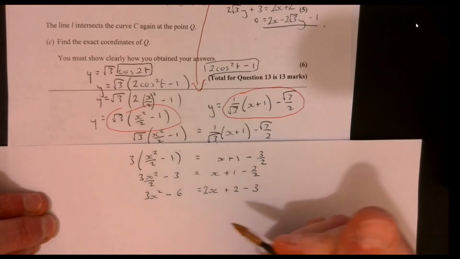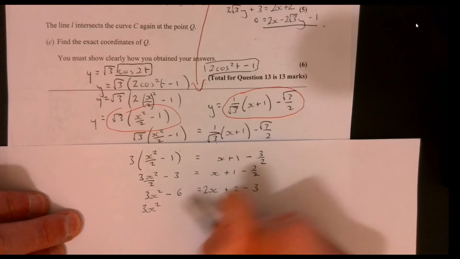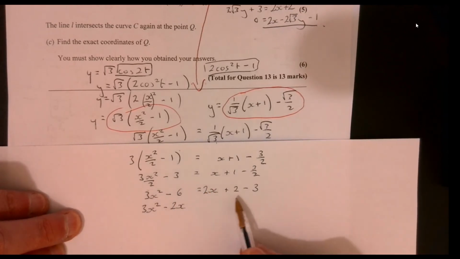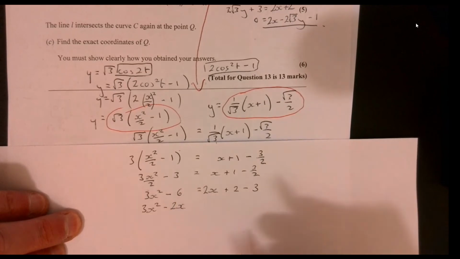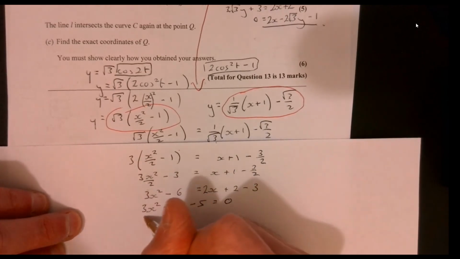So now let's think about solving. So 3x squared minus 2x, got minus 6. So if we add 3, take away 2, that takes me to minus 5. Now I've got something to solve.